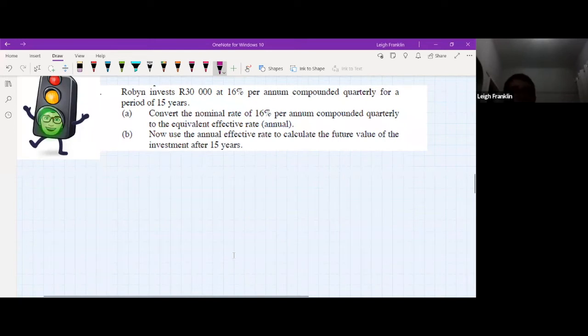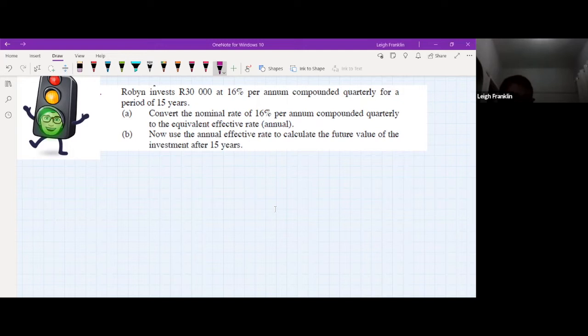All right, so those who say no, a nominal rate is when the compounding period is different to the rate that has been quoted. So for example, 16% per annum compounded quarterly is nominal. But if I say 16% per annum compounded annually, then that's going to be effective.